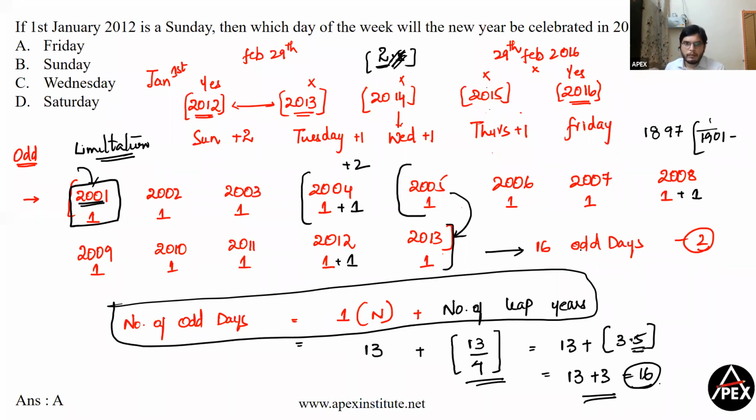If there is a century year in between, you can count up to it, and then from the next year of the century year to the given year. Now you need to consider this limitation: it should be the next year to a leap year or the next year to a century year, because the century year might be a leap year or might not be a leap year.